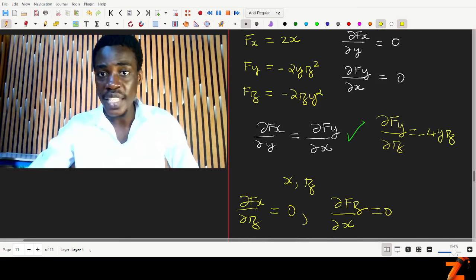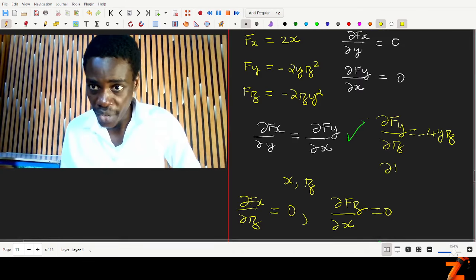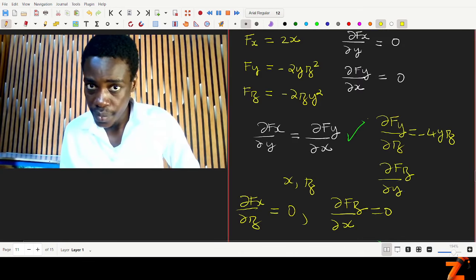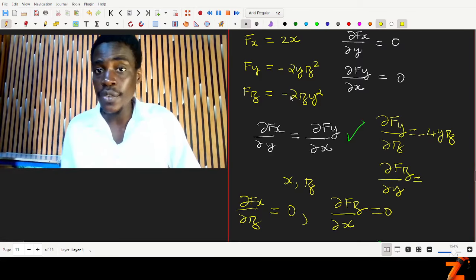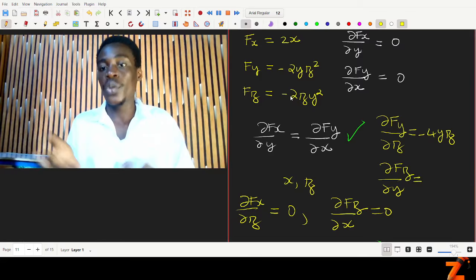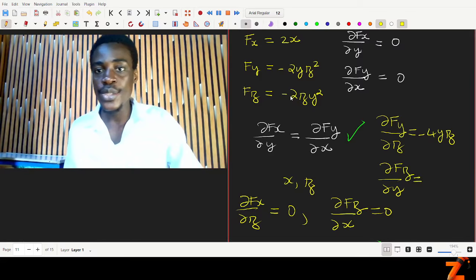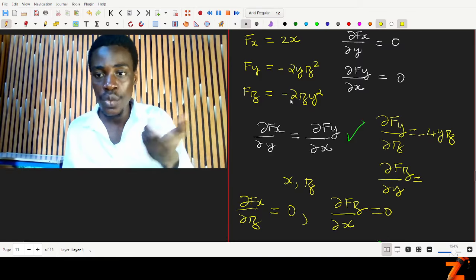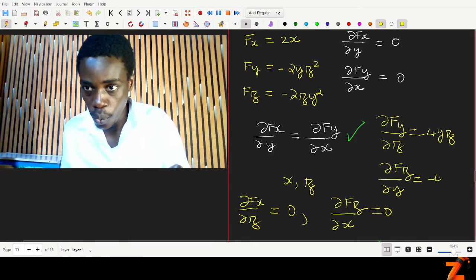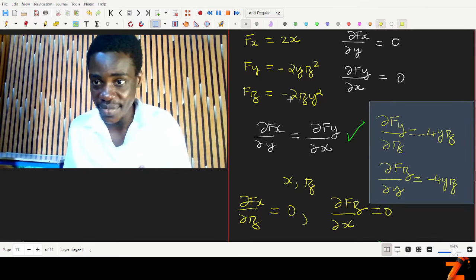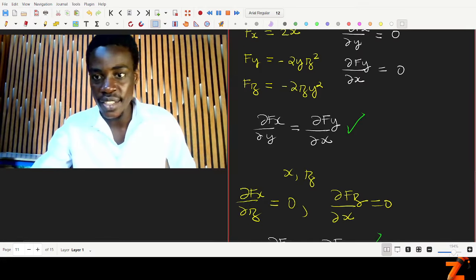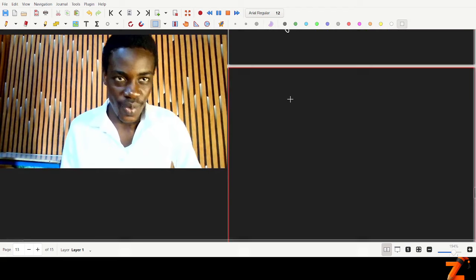Now I will take the derivative of fz with respect to y. Is y the variable? So the derivative of y squared with respect to y is 2y, and so the derivative of fz with respect to y is negative 4yz. And you see, fantastic, these two derivatives are also equal.